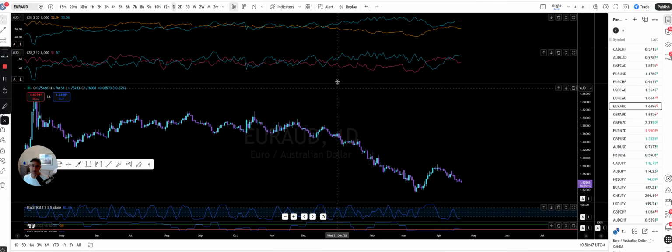If for whatever reason I didn't get in way back here, which of course would be golden, you can't really use the 35 to get into any continuations, even on the 10 period, until right in here. So you would either have to go to a shorter time frame or use an even shorter length CSI in order to get in at other points in this trend.